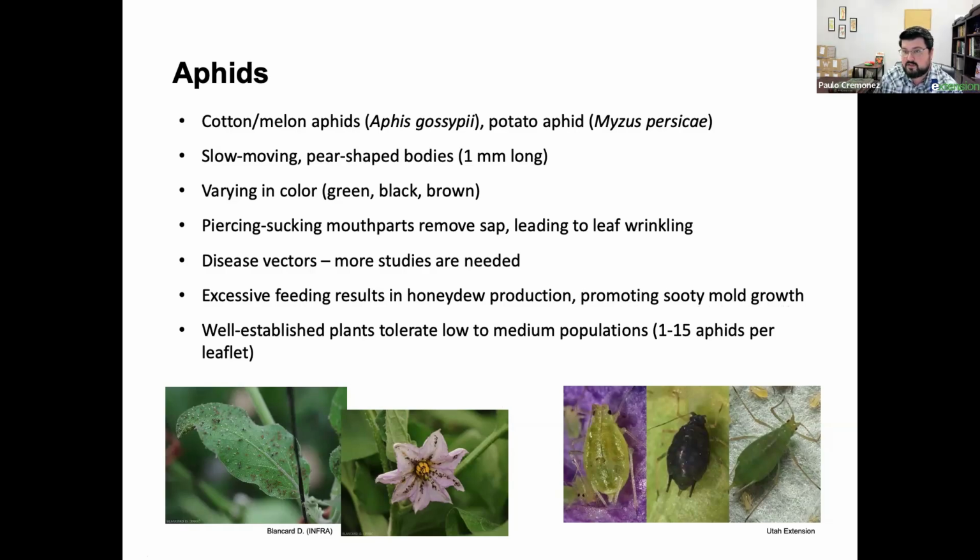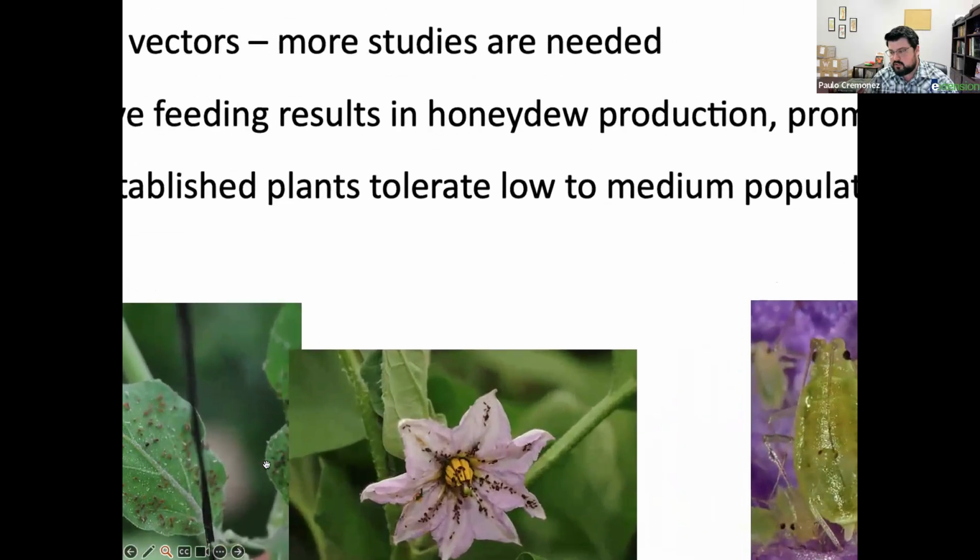There are more studies that we need to do on that because this is very problematic. Very well established plants will tolerate low to medium populations of 1 to 15 aphids per leaflet for tomatoes, for example. But this is a very characteristic infestation of aphids.